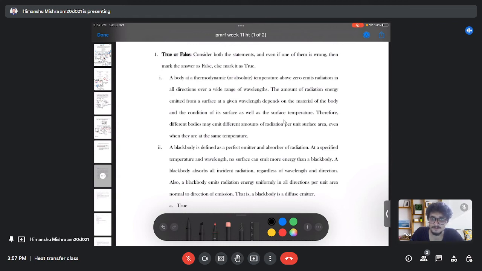The amount of radiation emitted from a surface at a given wavelength depends on the material of the body and the condition of its surface as well as the surface temperature. Therefore, different bodies may emit different amounts of radiation per unit surface area even when they are at the same temperature. So this is actually true.